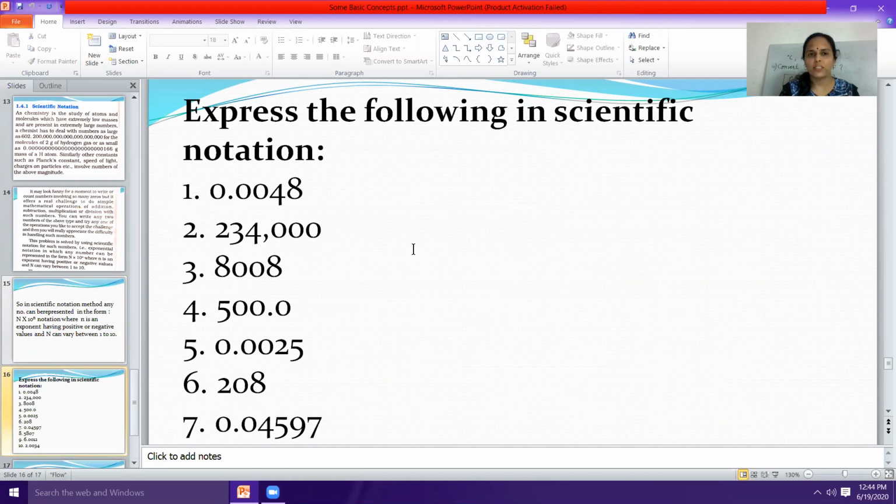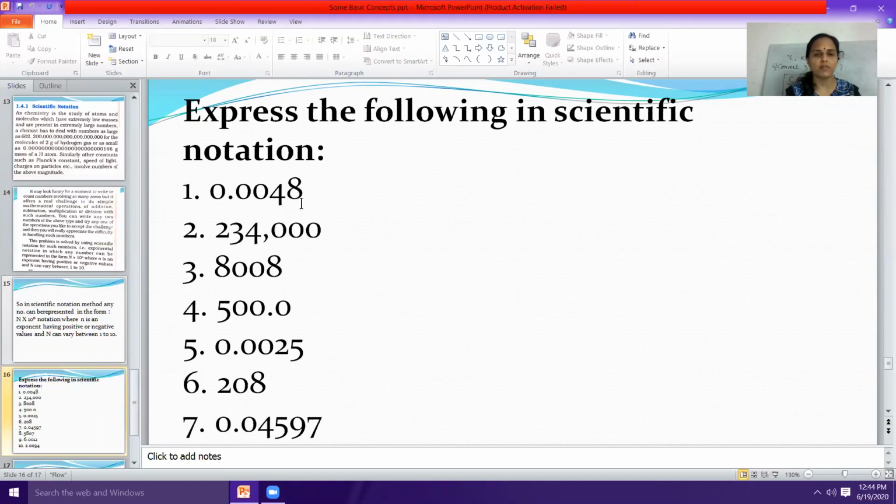While you express this in scientific notation, it is 4.8 into 10 raised to 3 places you are moving towards right. So you see here, you are moving 3 places right: 1, 2, 3. So the answer is 4.8 into 10 raised to minus 3.